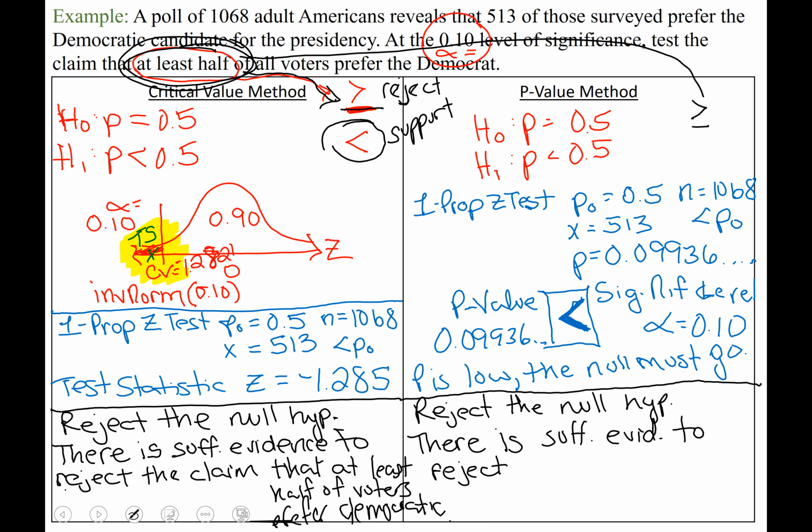These two rejects are not linked. The first one, reject, came from P is low, the null must go. That's the reject. This second reject I wrote comes from the claim containing equality. And then no more decisions to make, we just restate the claim.